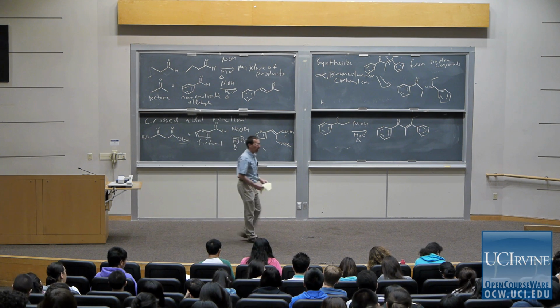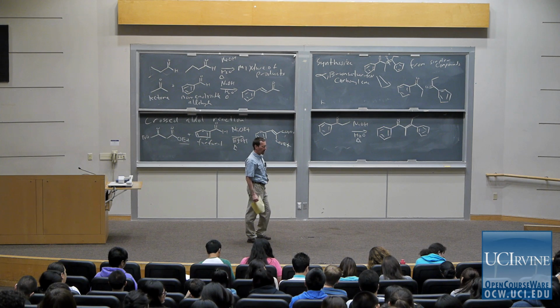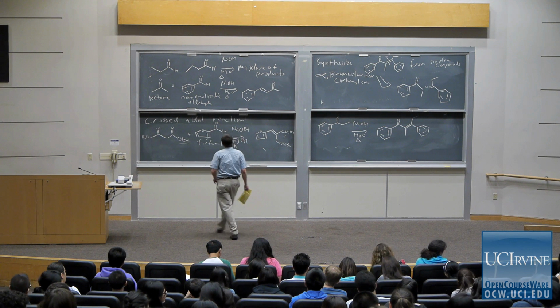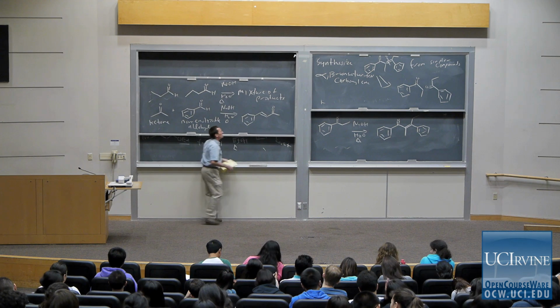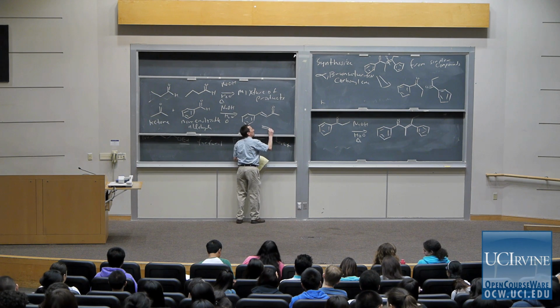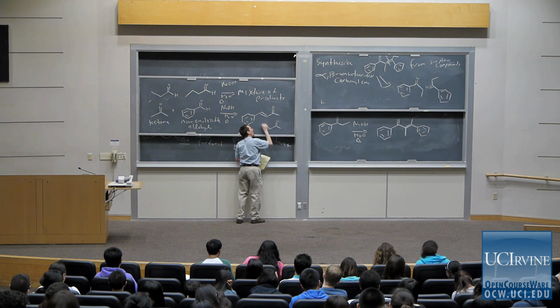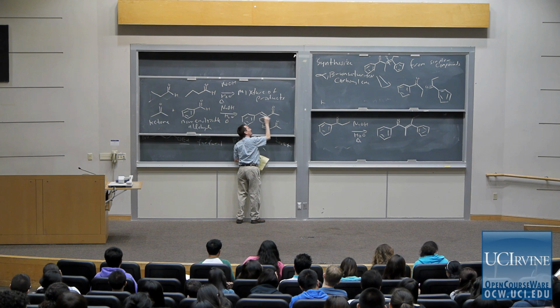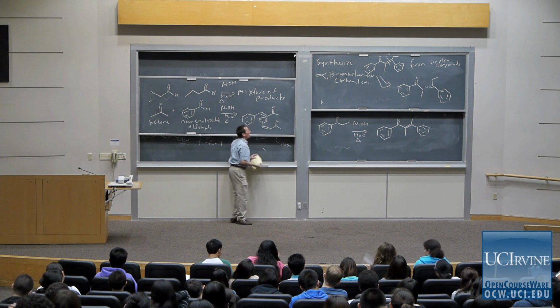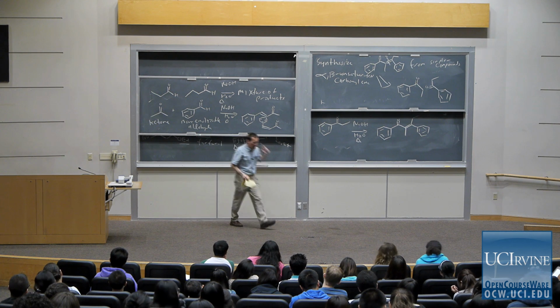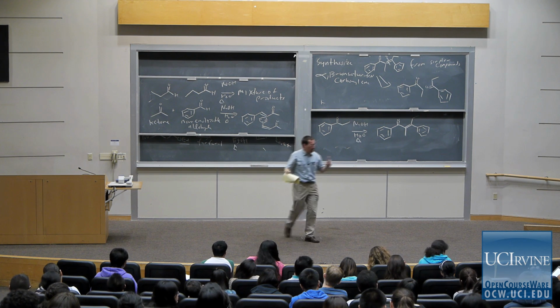Question? Can the Aldol reaction form both E and Z components? Great question. Can the Aldol reaction form both E and Z components? Yes, yes, and no. So for the most part, under these conditions, the Aldol reaction is thermodynamic.